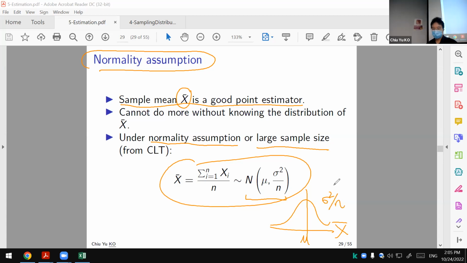And this comes either from central limit theorem, if you don't want to impose anything on the population, or you just go directly to make this assumption. This is strong, but for our case we have been using it. For this class we'll be using this normality assumption almost all the time.